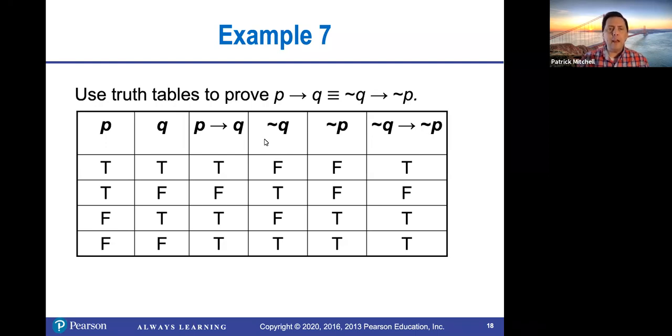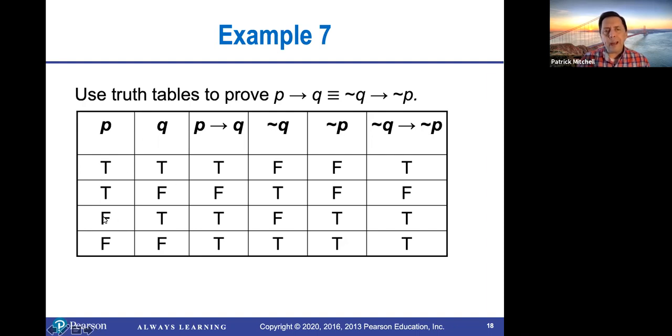The first thing I want to point out to you is in any truth table involving two statements, it's a good idea to fill it out under P, write true, true, false, false, and under Q, write true, false, true, false.